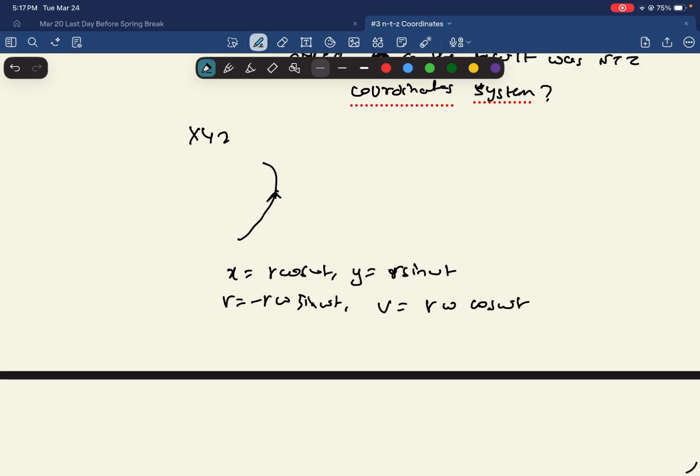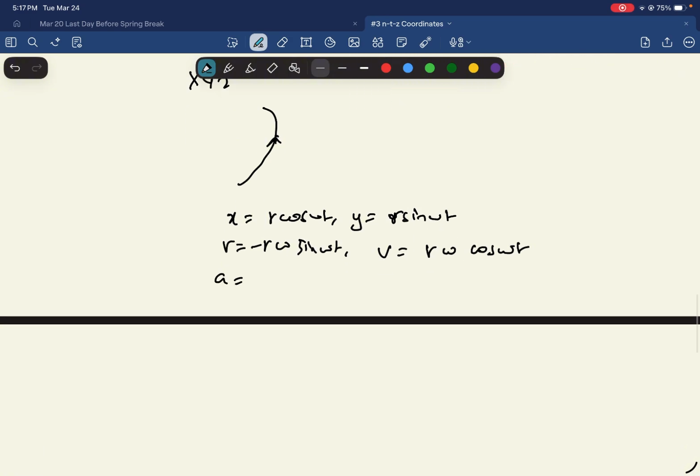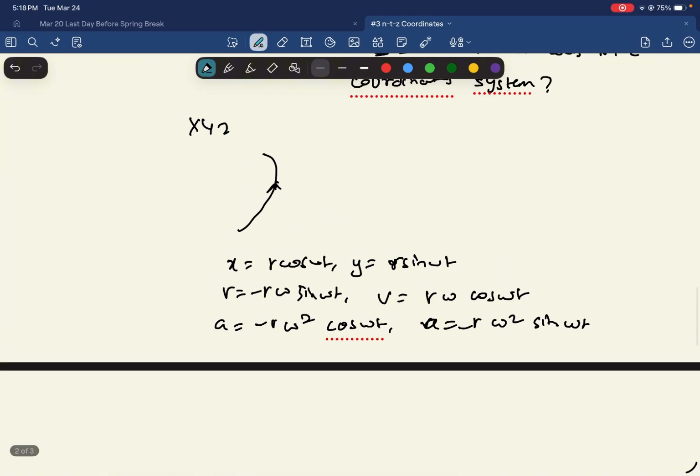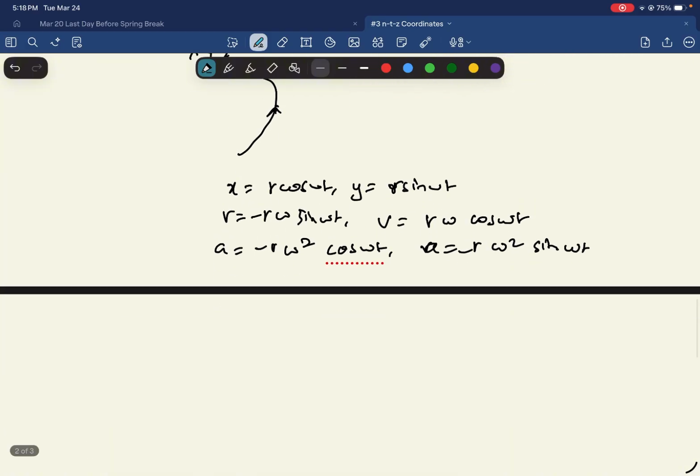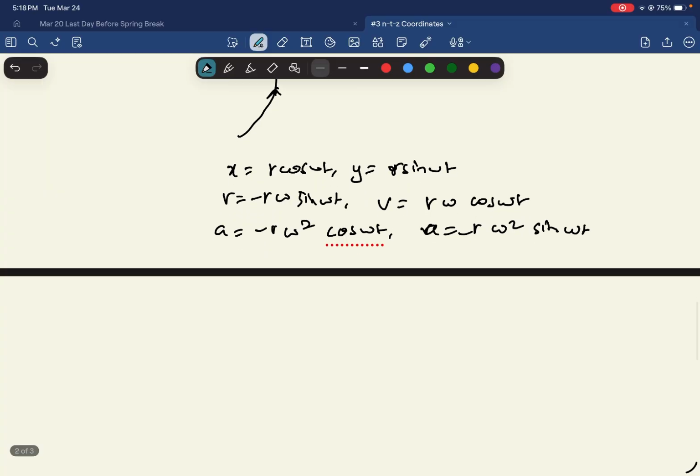And then if you want to find the acceleration of this particle in a curvilinear path, you have to again take the derivative, because the differentiation of velocity is acceleration, and you will get negative r omega square cos omega t, and here you will get negative r omega square sin omega t. You see, we are doing the math first and then we will deal with the physics.